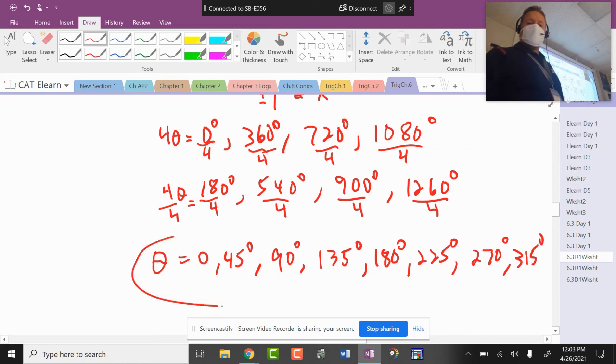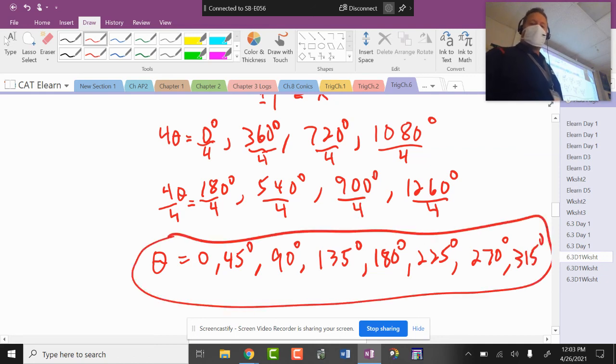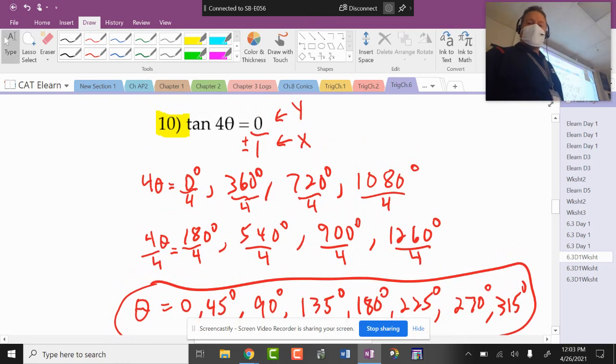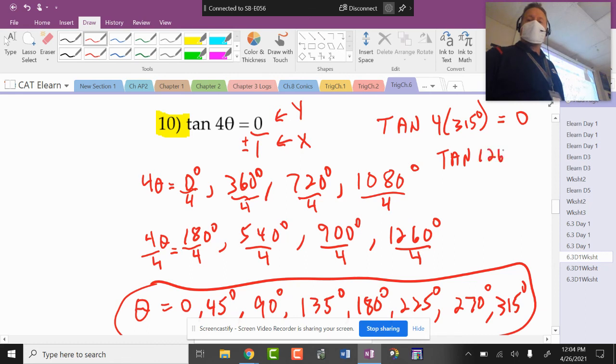Now let's look at why 315 works, like the one that's way out there. What you would do is type in 315 in the theta spot, and then I got to show you why this actually works. 4 times 315 is 1260. And you don't have to overthink this. What is 1260?